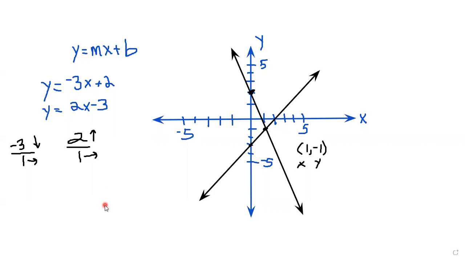Okay, very good. Now let's say you have a problem where the equations aren't in this slope-intercept form. In other words, they look something like this. Let's say we have y equals 3x minus 4.